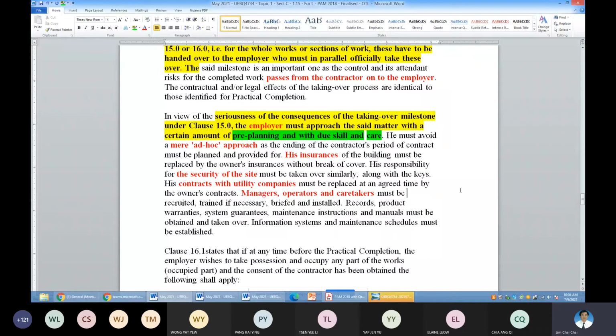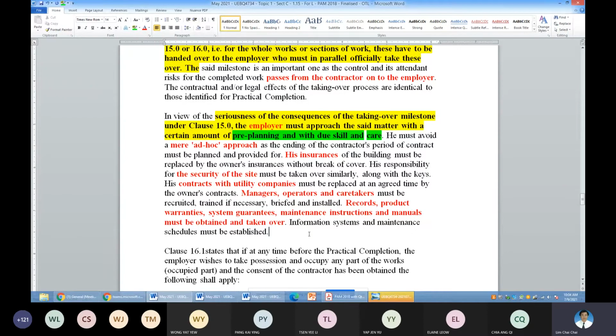Okay, and also the manuals and all this. On top of that, warranties and instructions must be obtained from the contractor. So all these are important that the consultants must inform the owner and also the contractor to comply.